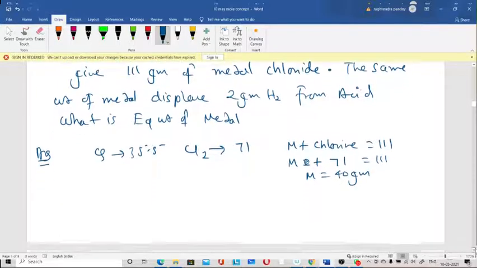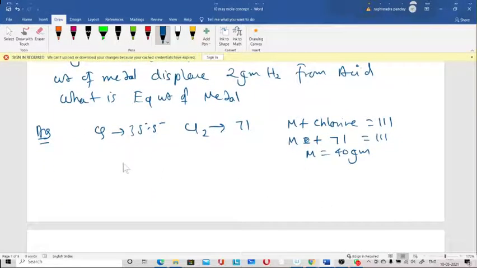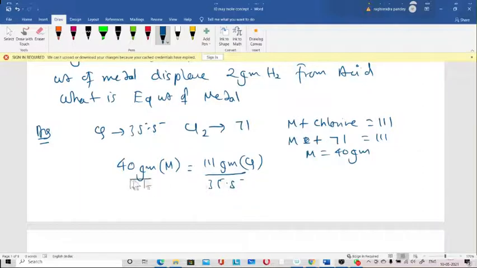So from here only we can solve it. 40 gram of metal is attached to 71 gram of chlorine, so whatever is attached to 35.5 gram is your equivalent weight. So the equivalent weight will automatically come as 20 gram.